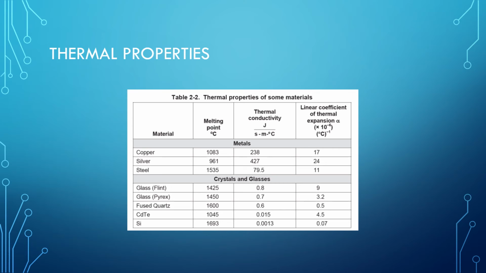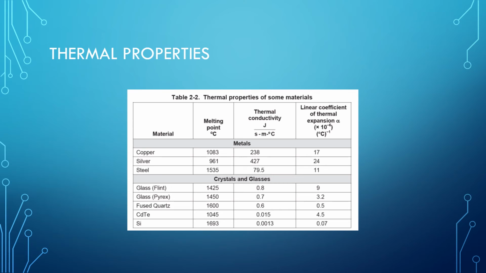So if you look at this table here, copper is given as a thermal conductivity of 238 joules per second per meter per degree Celsius, whereas glass is given as 0.8, and then silicon is given as 0.0013.